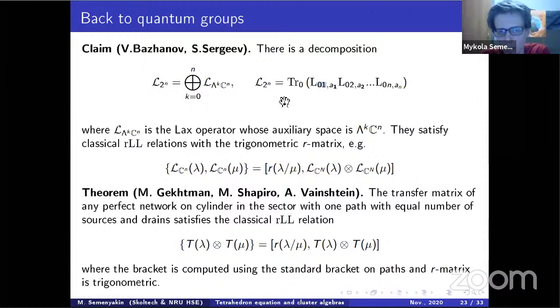So this is a space of dimension 2 to the power of n.